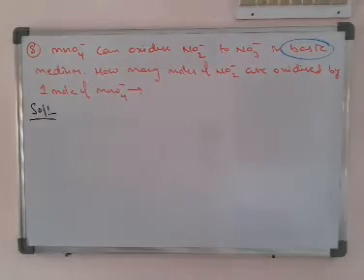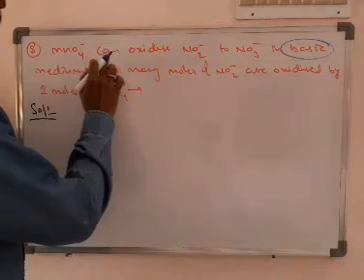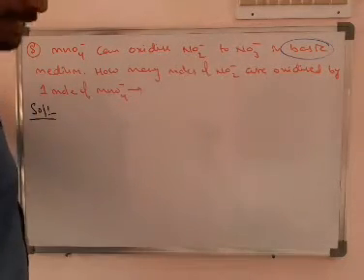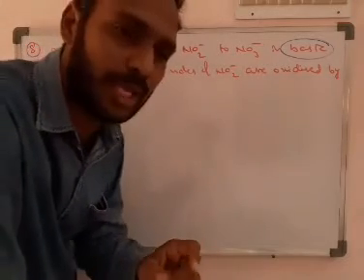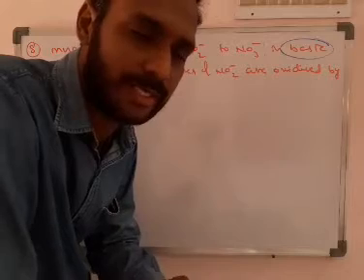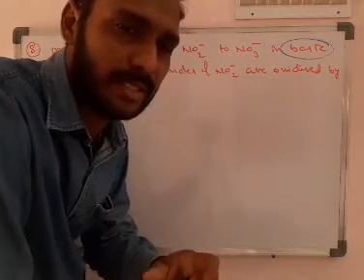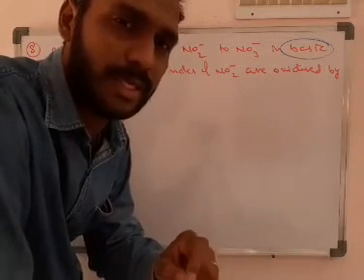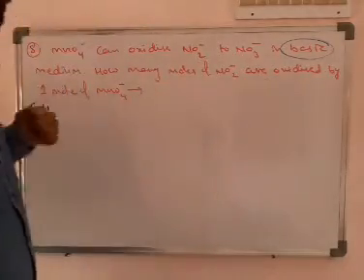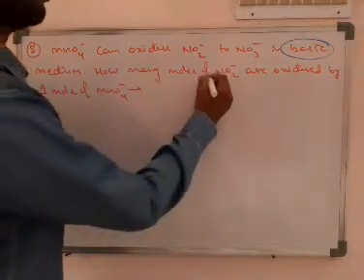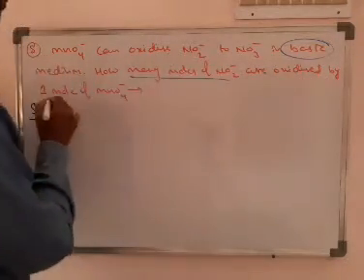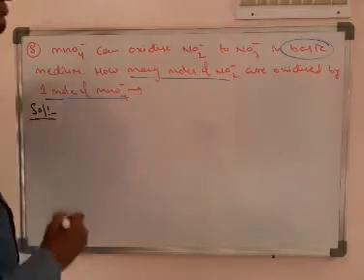Okay, see the next question. Here it is given that MnO4 minus can oxidize NO2 minus to NO3 minus. We know that potassium permanganate, or the permanganate ion, works as an oxidizing agent. In this problem, the permanganate ion oxidizes nitrite to nitrate in basic medium. We have to find how many moles of NO2 minus are oxidized by 1 mole of MnO4 minus.